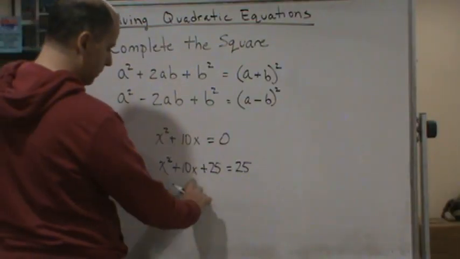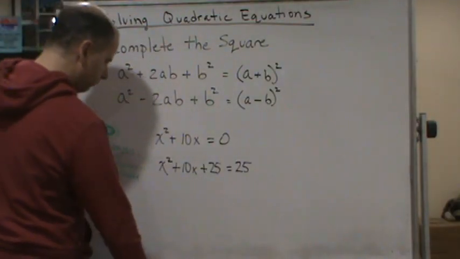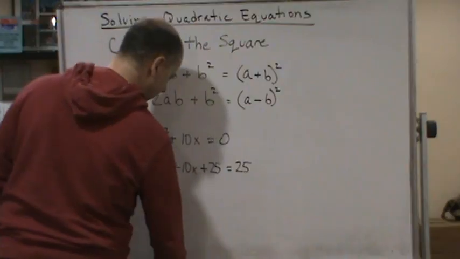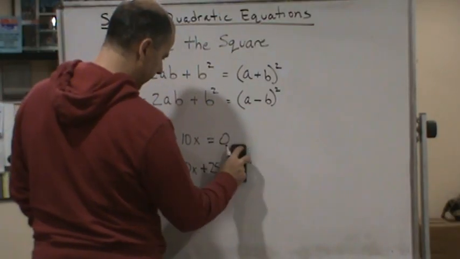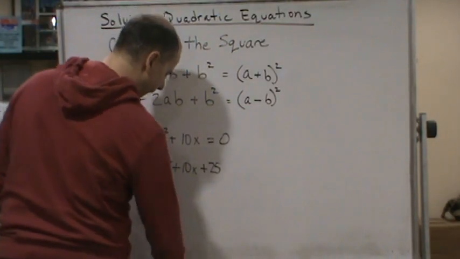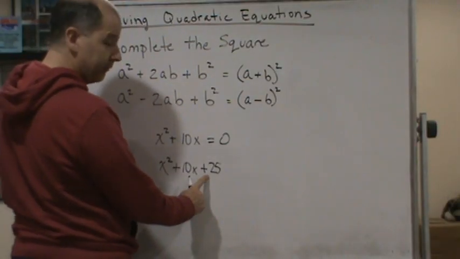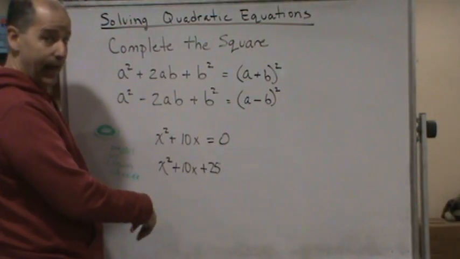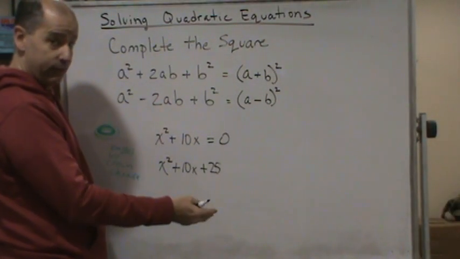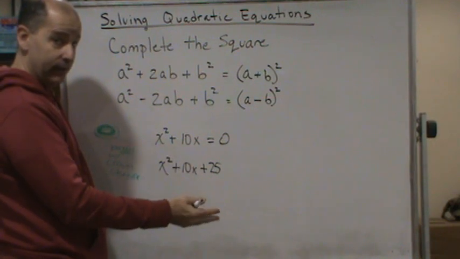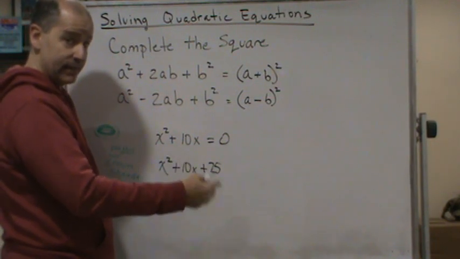And then this becomes a perfect square. Now, if you don't want to mess with one side, the other way you could look at it is if I add 25 to one side, I also can subtract 25 from the same side to make the net effect 0.